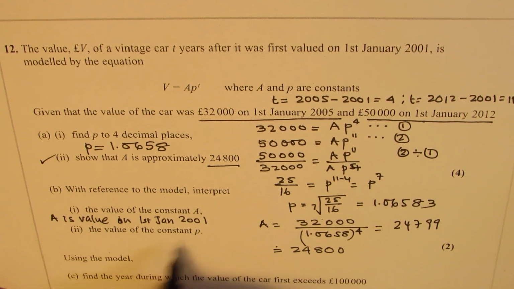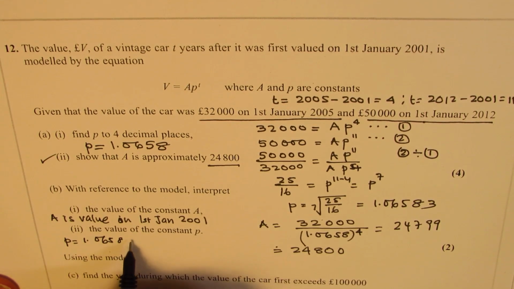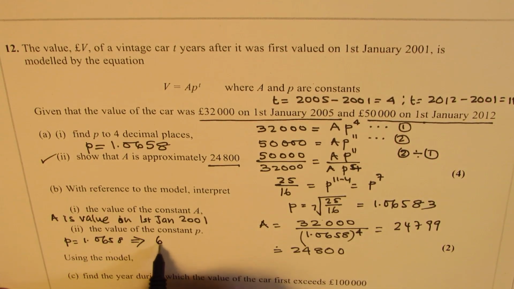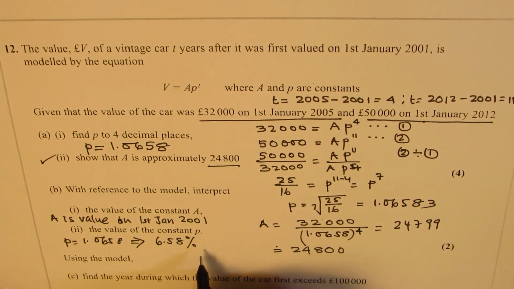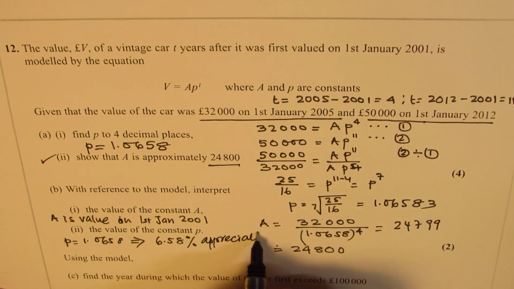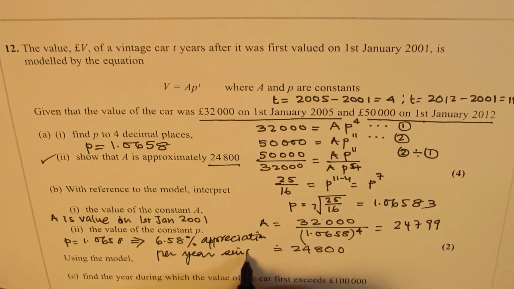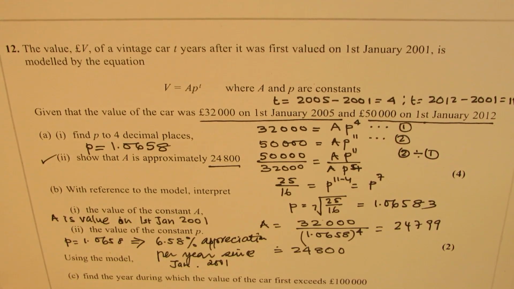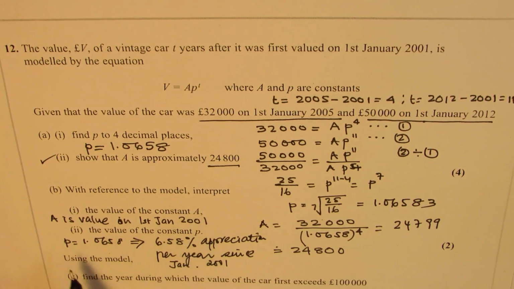The value of P, 1.0658, indicates 6.58% growth or appreciation per year since 2001. Is that clear? That is how we can interpret the values of A and P.